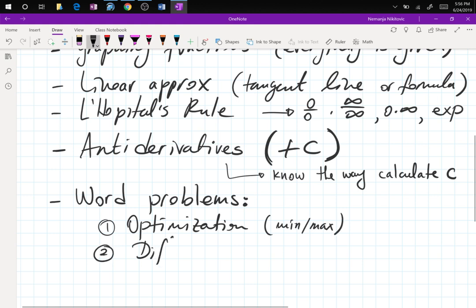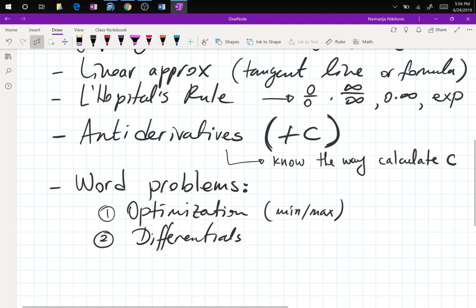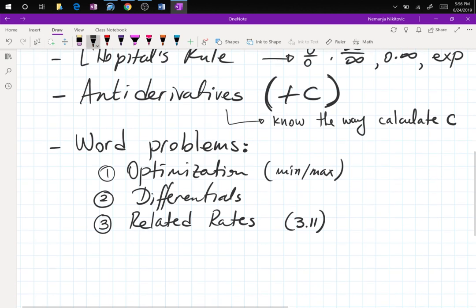Differentials, and going back to related rates. That was 3.11, as a contrast and preparation, obviously, for the final two optimization.